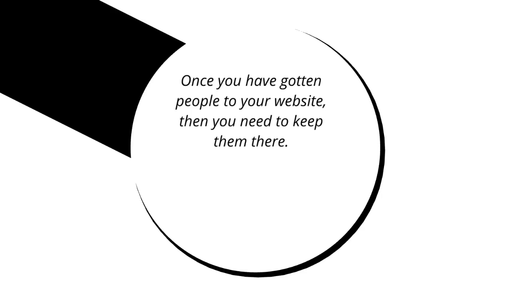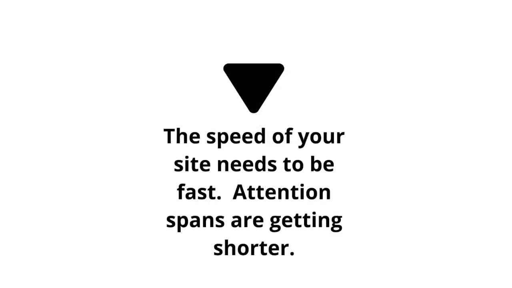So the big question is how? How do you get them to stay on your website and get fully engaged? Well, first things first, the way we've laid this video course out is to make sure that the speed of your website is fast.